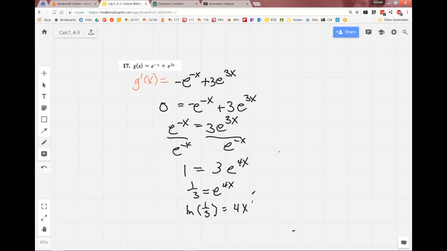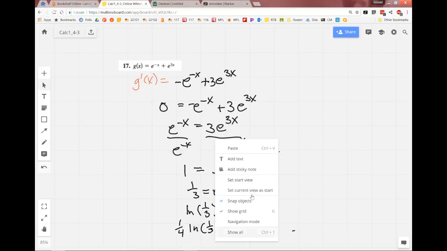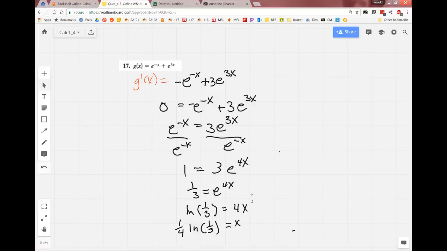Divide both sides by 4. And we found a critical number. Then you can work that out on your calculator. It turns out x is negative 0.27.